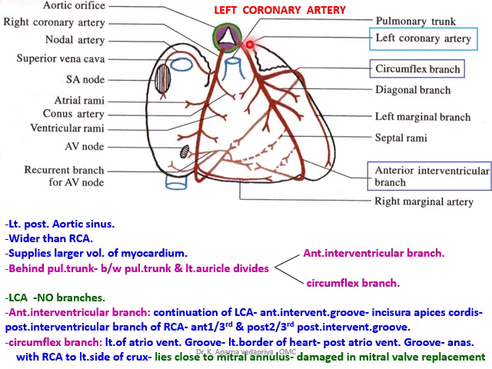A thing to be remembered here is that the left coronary artery, this one, does not give any branches. So the branches are given out by the circumflex branch and the anterior interventricular branch of the left coronary artery.